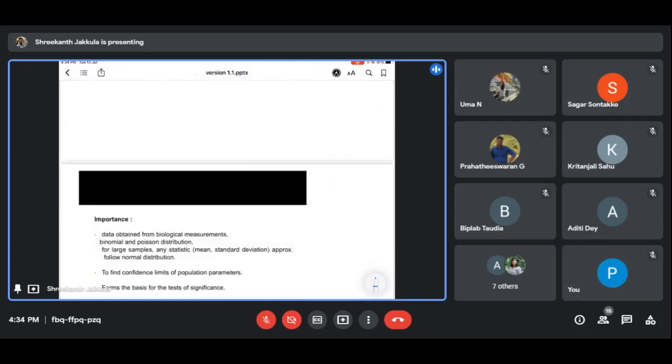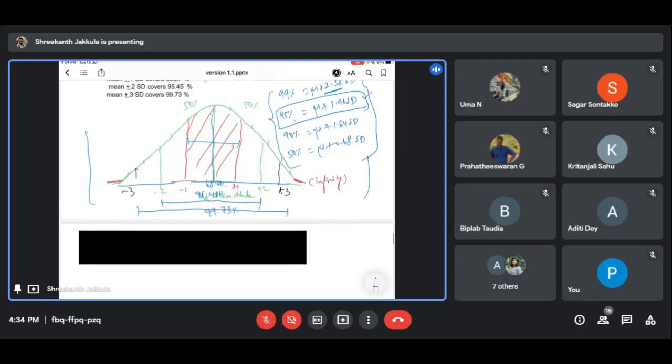So what is the importance of normal distribution? Making estimates of the number of individuals in any range of measurements, and deciding whether a measurement is common or uncommon.